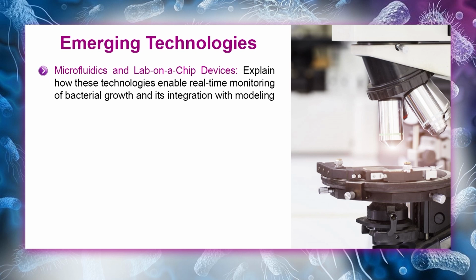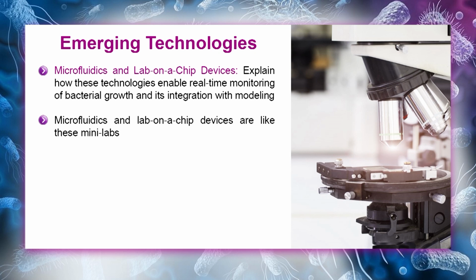This mini lab can do amazing things. It can mix tiny amounts of liquid like a scientist mixing ingredients for a recipe, but instead of baking cookies, it is studying bacteria. Microfluidics and lab on a chip devices like these mini labs let scientists control tiny amounts of liquids where bacteria live. This helps them watch bacteria grow in real time.